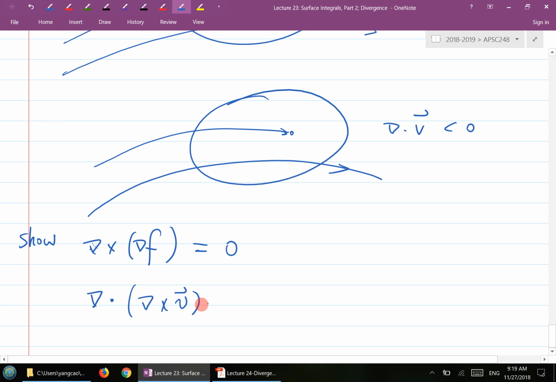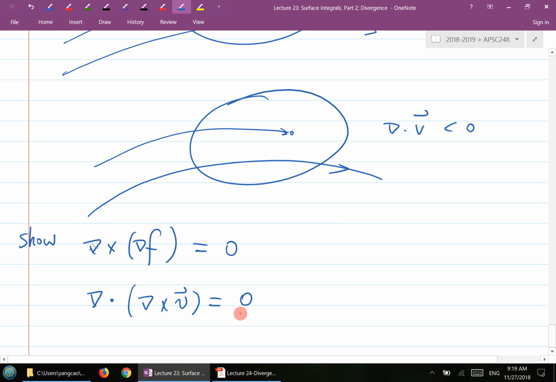I will explain this to you when I finish the divergence and Stokes theorem. There are two important identities here. The first one, del cross del F equal to 0. The second one is del dot del cross V, also always equal to 0.